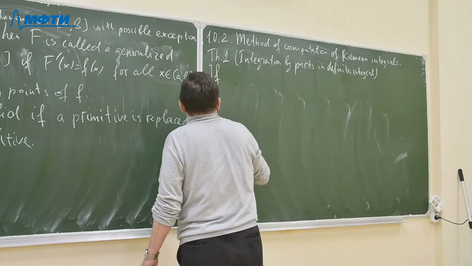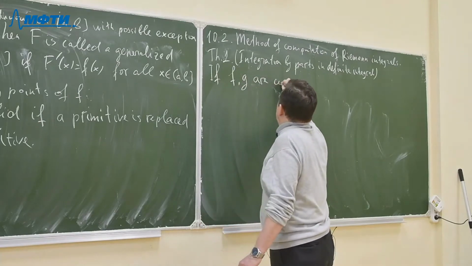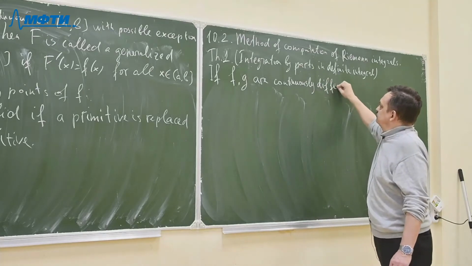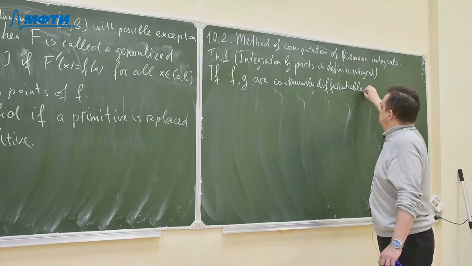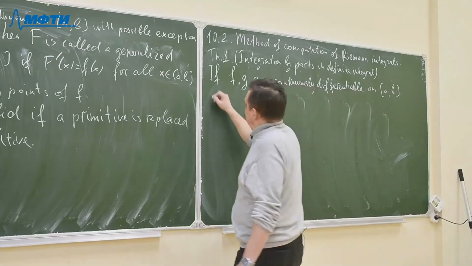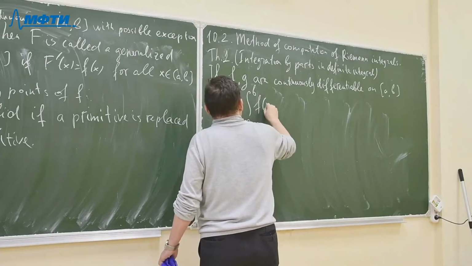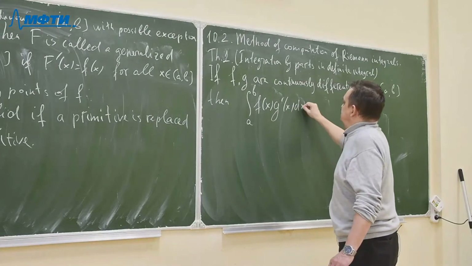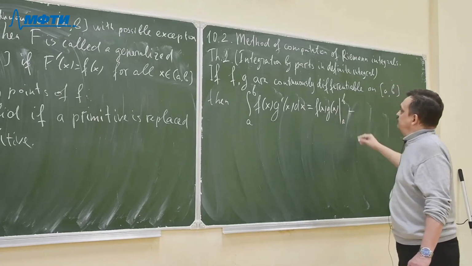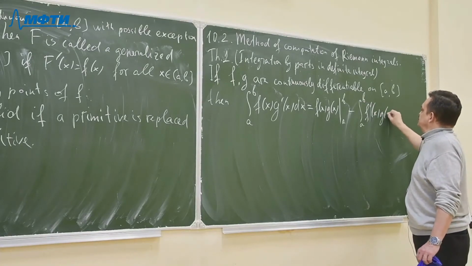If f, g are continuously differentiable on AB, then the integral from A to B of f of x g prime of x dx equals f of x g of x from A to B minus the integral of f prime of x g of x dx.